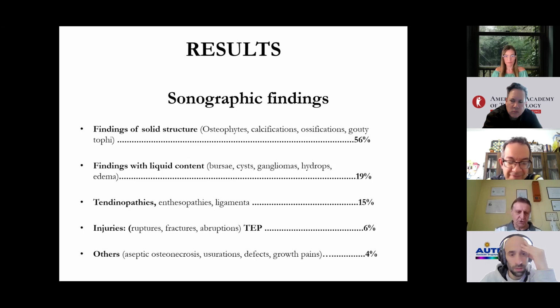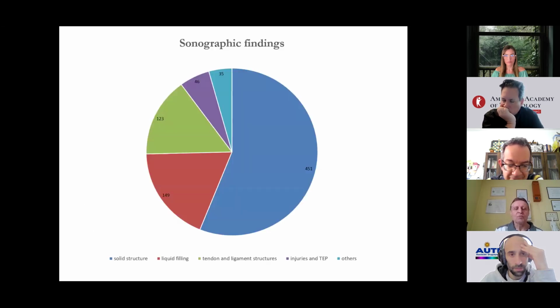Others, such as aseptic osteonecrosis, ulcerations, defects, growing pains, were 4%. On this graph, we can see the division of sonographic findings.